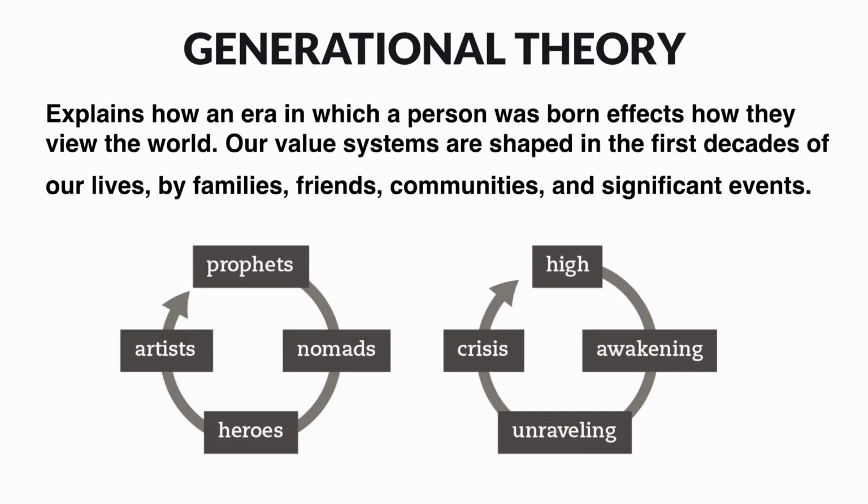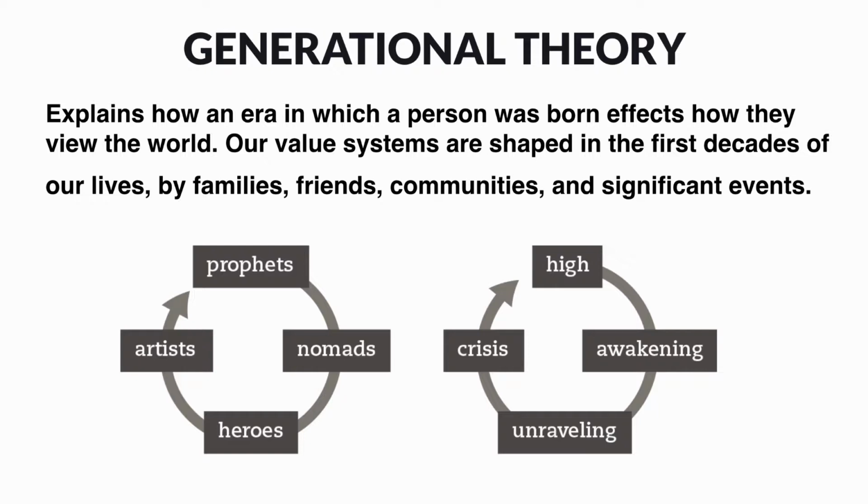The nomads are the ones who are very independent, figuring their way out in the world, discovering truth for themselves. The hero generation is a very justice-oriented generation that's going to define truth and justice and really find a cause to fight for.